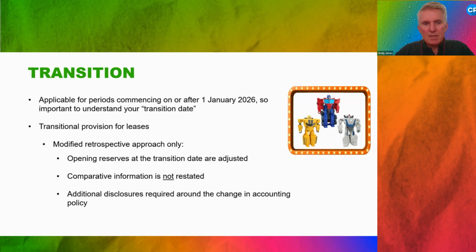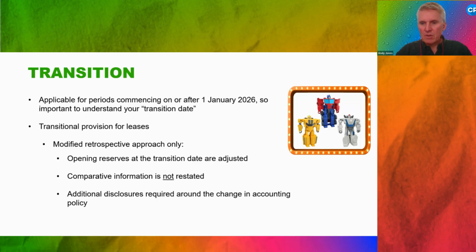Now, for leases, there's only one option around transition, and this is applying what's called a modified retrospective approach. So at the transition date, 1st of January 26 if you're a December year end, or 1st of April 26 if you're a March year end, you will have worked out the impact of the new requirements.